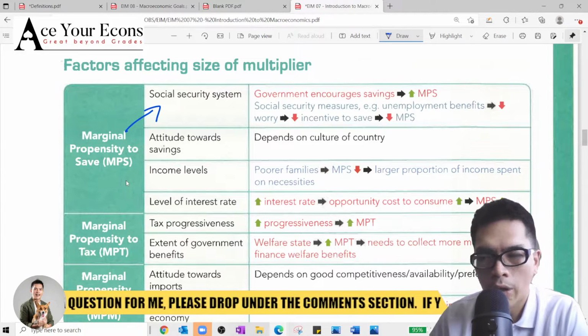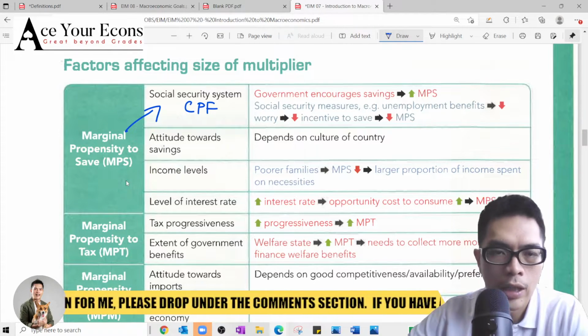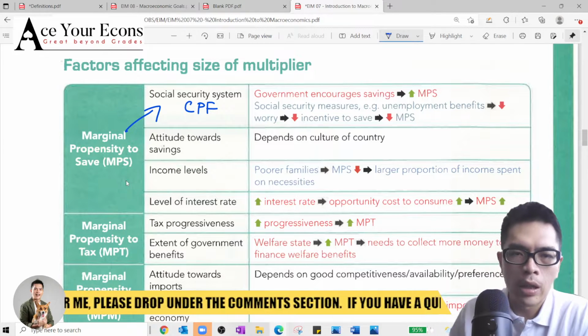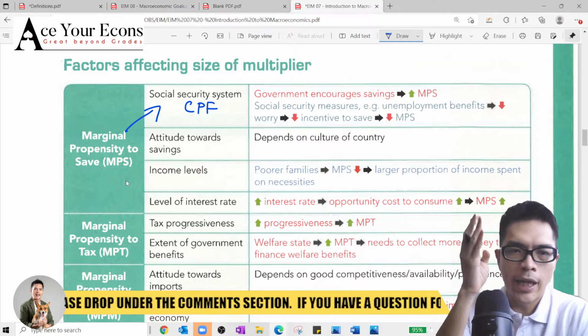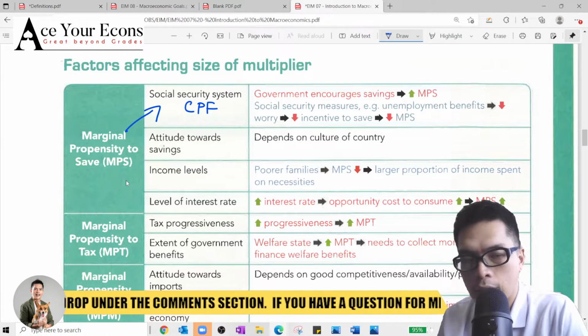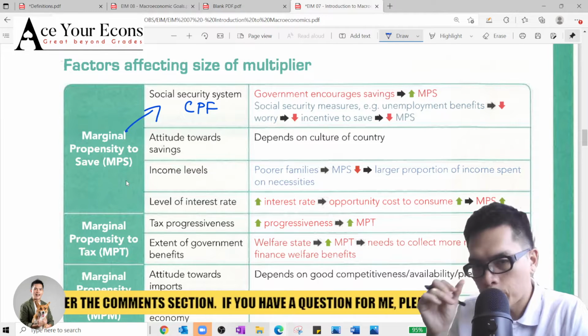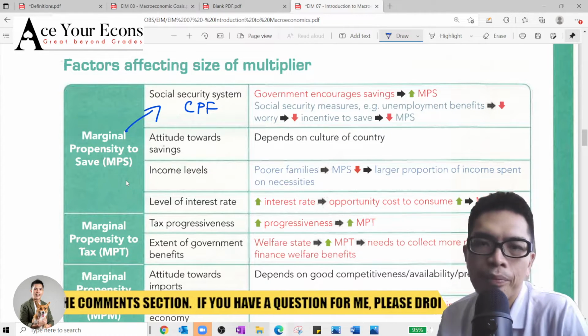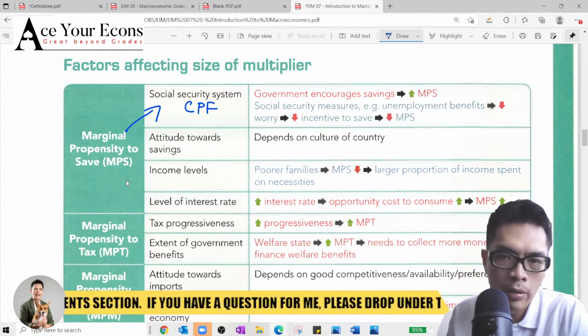In your school notes, they often label this as CPF, Central Provident Fund. Because of mandatory savings in Singapore, to set aside retirement needs in the future, this prevents us from spending right now. Therefore, sometimes you see that Singapore has a small multiplier size.